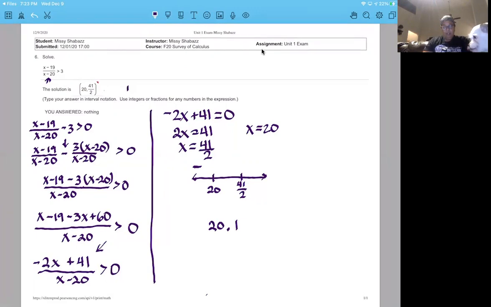Wait a minute, 2 times 20.1, yeah, that's going to give me 40.2.